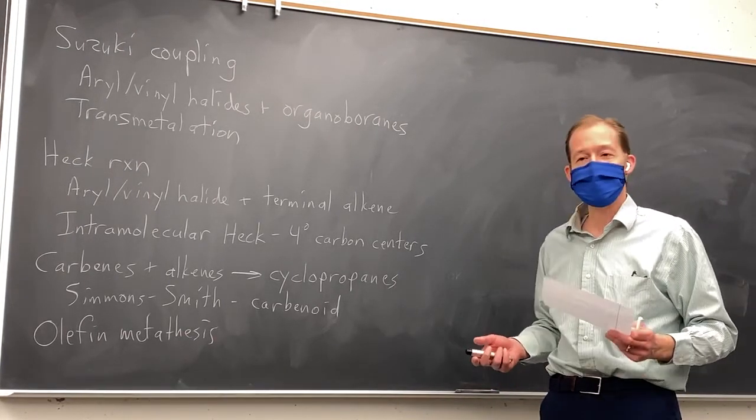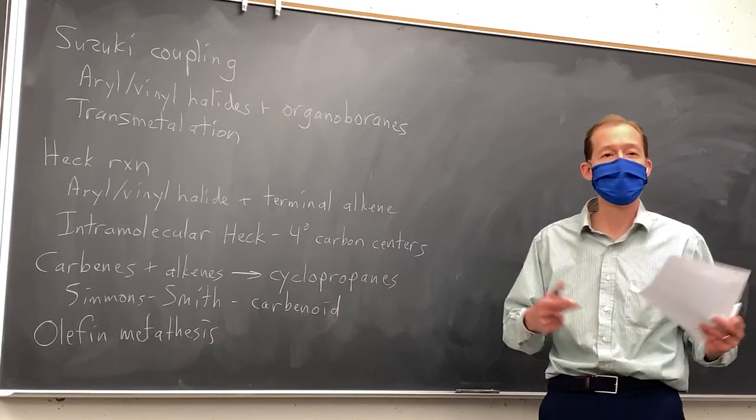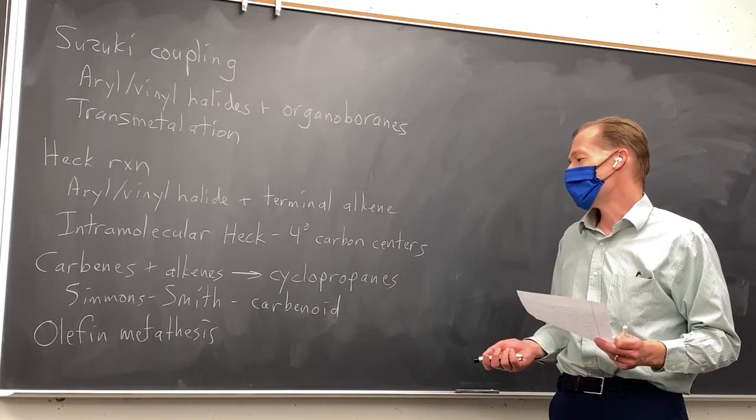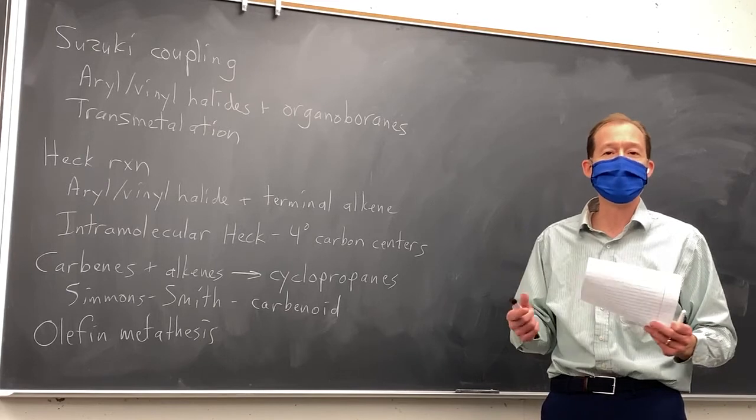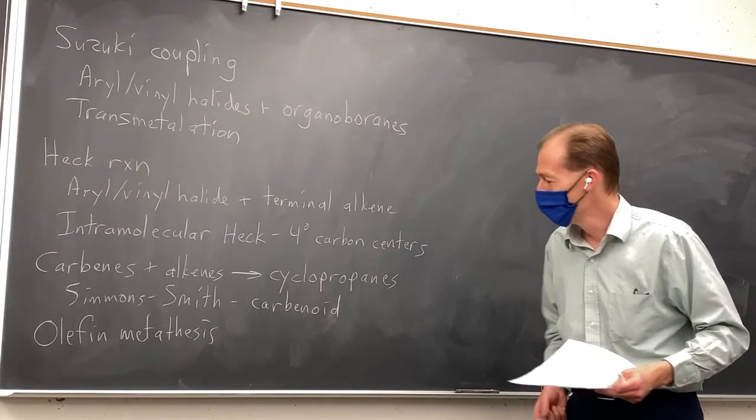And so olefin metathesis is a reaction. Metathesis means swapping partners. And so there's a couple different types of olefin metatheses. We can react 2 alkenes together to make a new alkene.